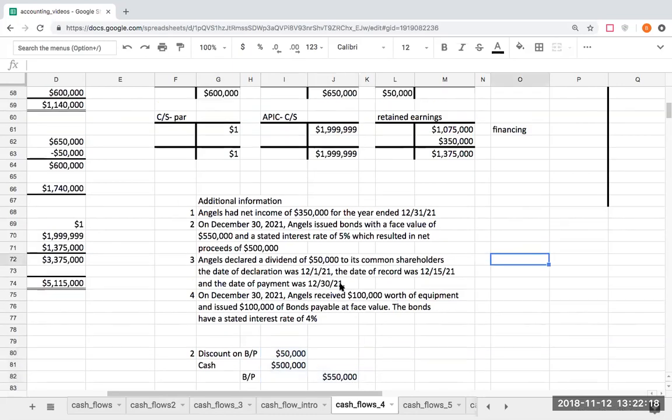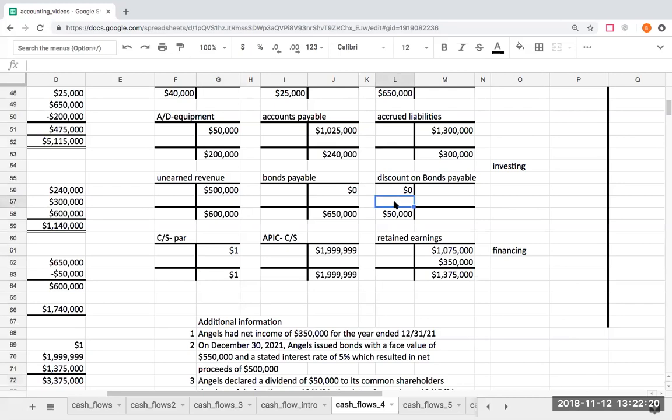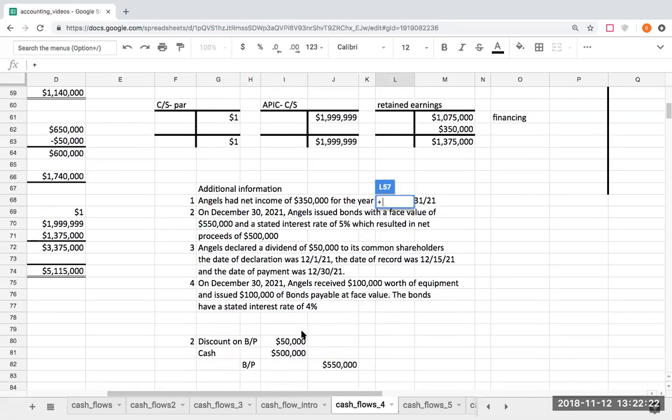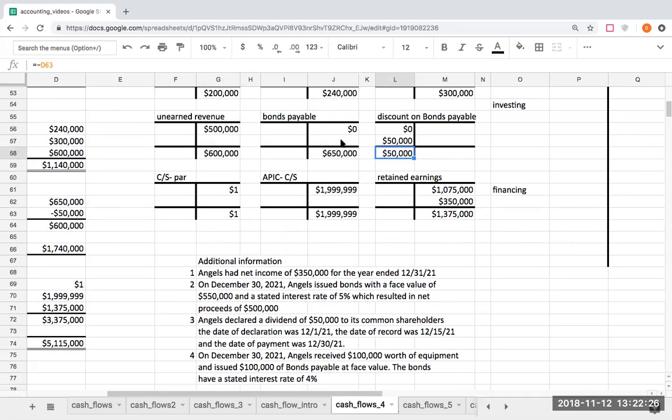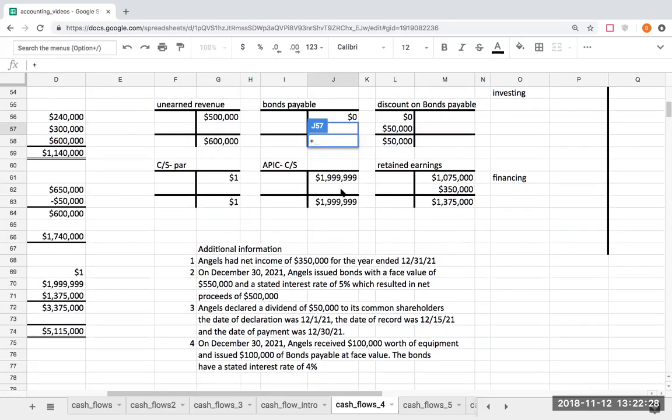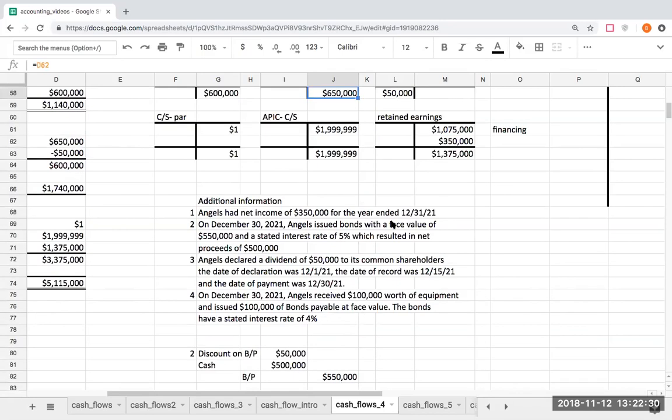So the discount on bonds payable was a debit of $50,000. I had a credit over here of bonds payable for $550,000. And at the same time, the cash proceeds from the sale of bonds payable is going to go here at $500,000.